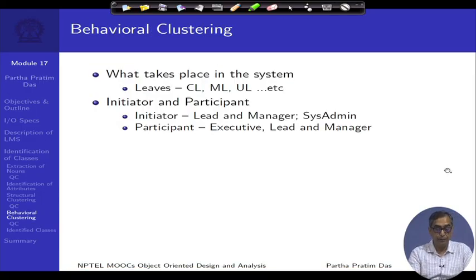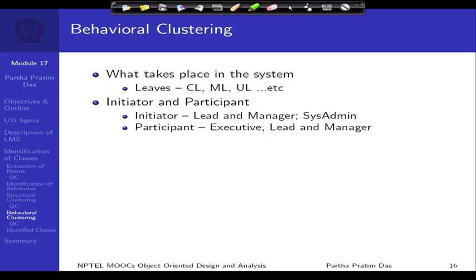We will go ahead and do the next, which is the behavioral clustering. In terms of behavioral clustering, the main approach is to look for dominant behaviors, and one way to look for dominant behavior is to look for what takes place in the system. We will see in subsequent modules that there will be more discovery of behavior through identification of verbs and adverbs and so on.